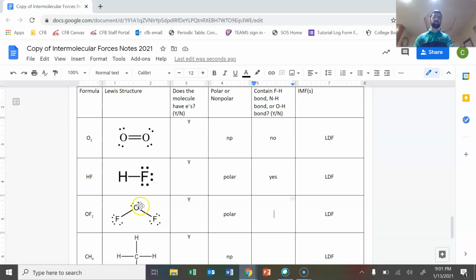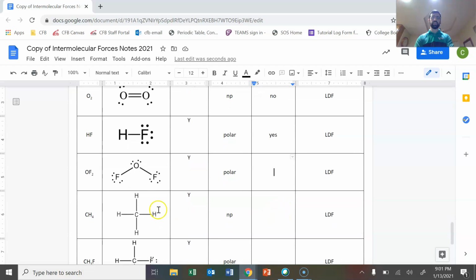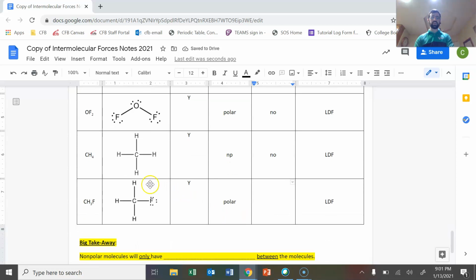Well, it's F, but that's with O. F and O, not FH. Okay. I see a CH bond, so anyways, that's no for that one, and it's no for this one. And down here, well, I've got H and F in the same thing, but is there an HF bond? There's not. There's a CF bond, so that's a no.